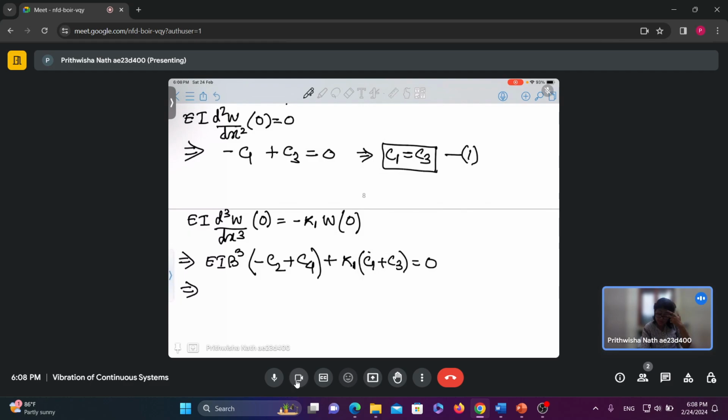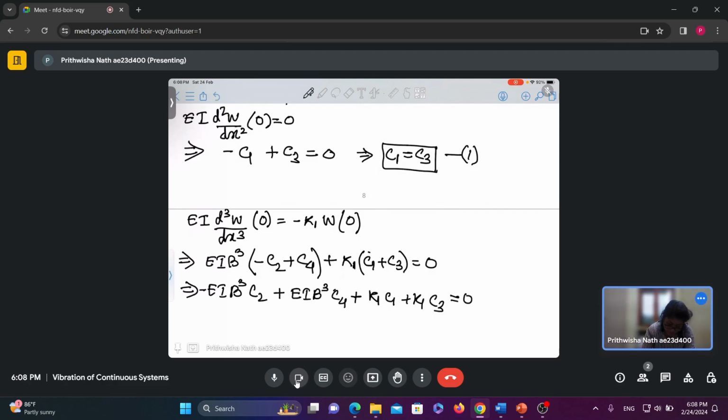First I'll rearrange this equation. Plus K1 C1 plus K1 C3 equals 0.